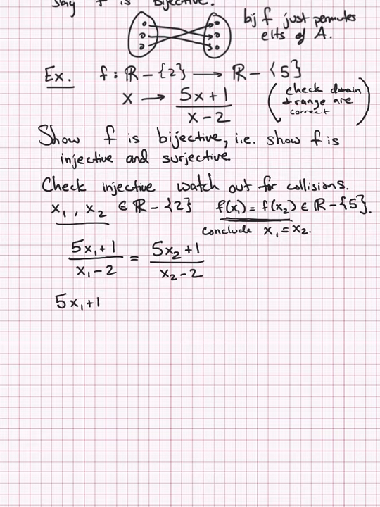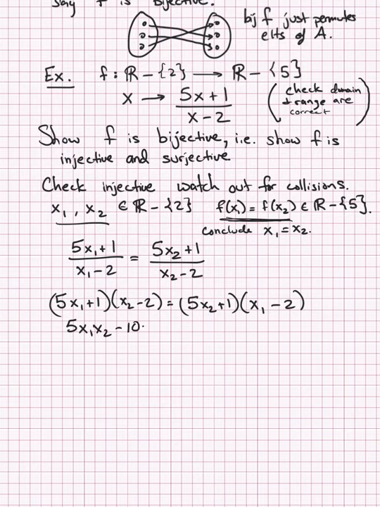So you end up with, let's see, 5x1x2 minus 10x1 plus x2 minus 2 is 5x1x2 minus 10x2 plus x1 minus 2. Let's see what happens now.